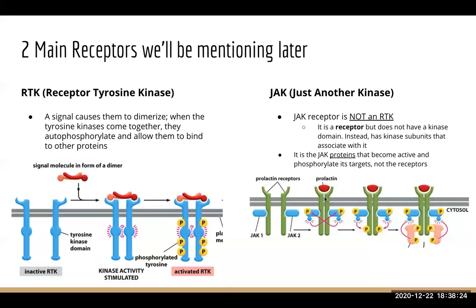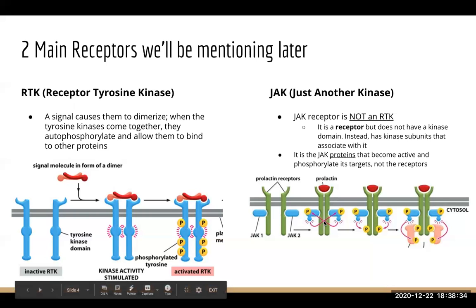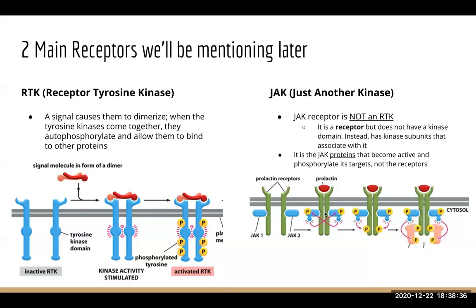However, here, when the receptor comes together, it's not the receptor phosphorylating each other. It's these two proteins called JAK1 and JAK2. So again, it's not the receptor that phosphorylates anything. It's the proteins that are connected to the receptor. They cross-phosphorylate each other. So when the receptor dimerizes, JAK1 and JAK2 cross-phosphorylate each other.